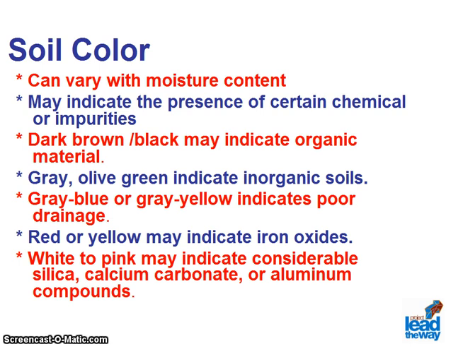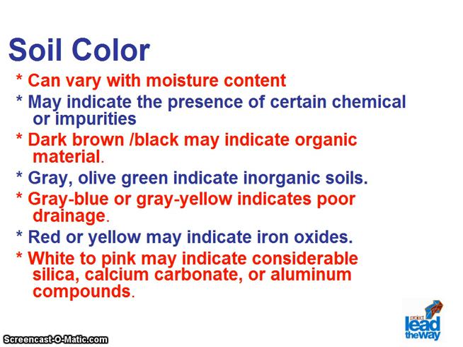Color is also important in distinguishing between soil types. Color may vary with the moisture content and sometimes indicates the presence of certain chemicals or impurities. In general, colors become darker as the moisture content increases and lighter as the soil dries.